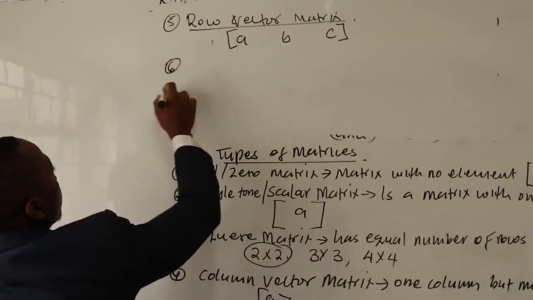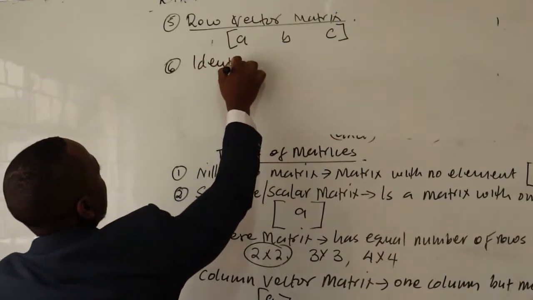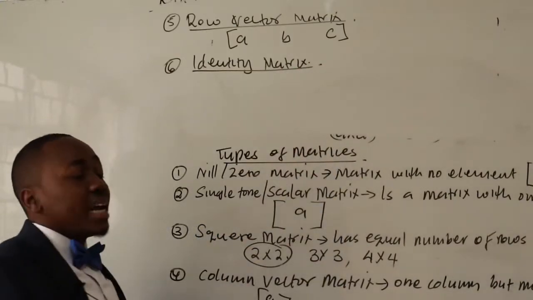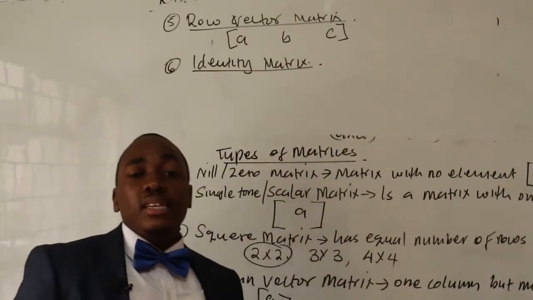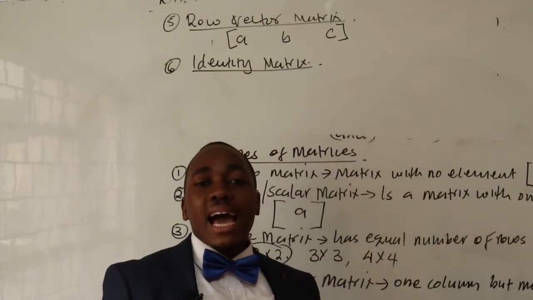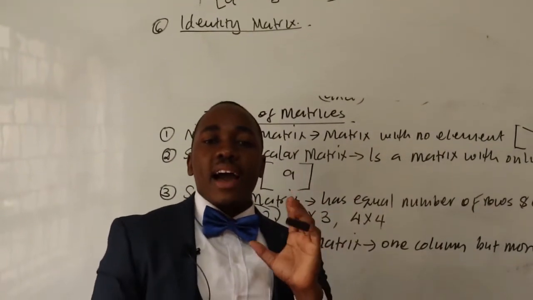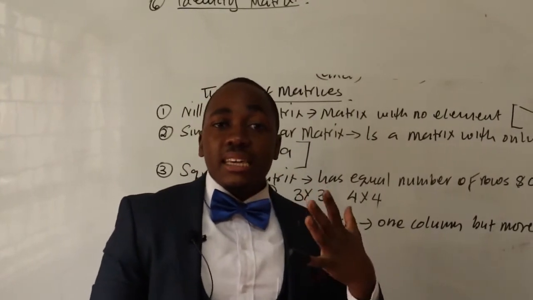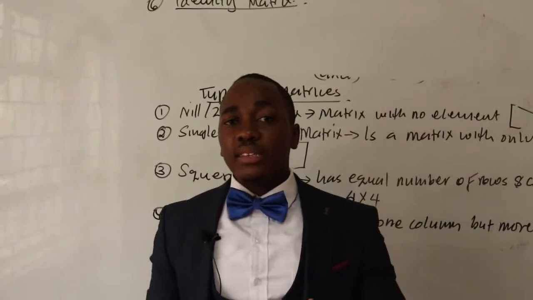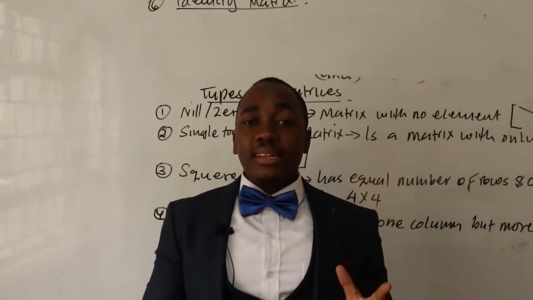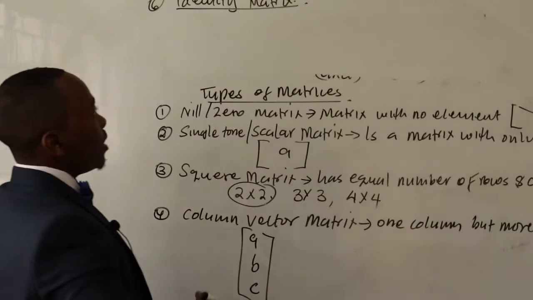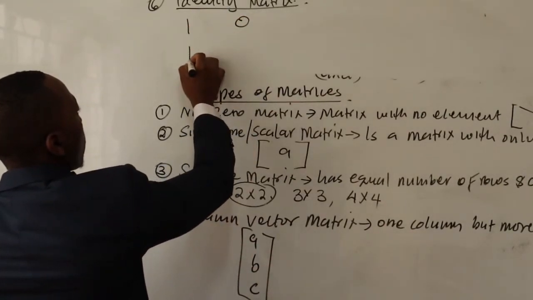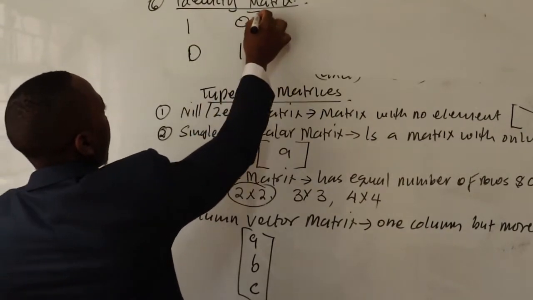Number 6, we may have what we call an identity matrix. What's an identity matrix? An identity matrix is a matrix whose major diagonal elements are 1s and all other elements are 0s. For example, assuming you have a 2 by 2 matrix, you may have 1, 0, 0, 1.